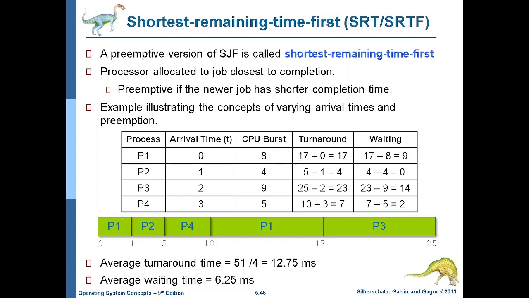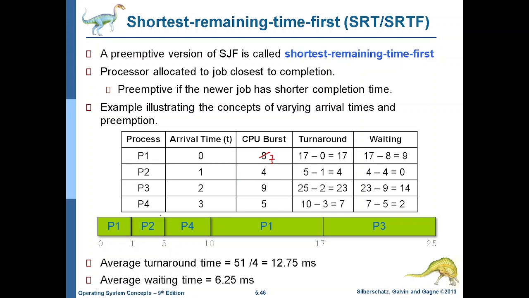So right now we will just execute P1, process 1, for 1 unit of time, 0 until 1. Okay, so because we executed process 1, we will subtract 1 from the CPU burst time, and right now we will get 7.